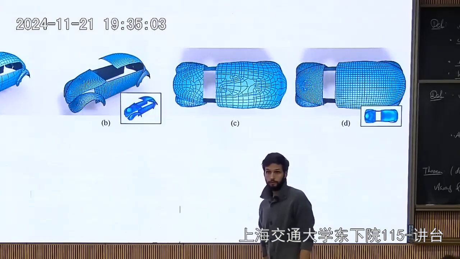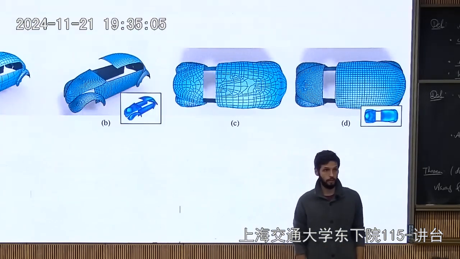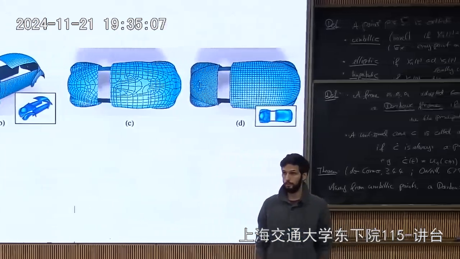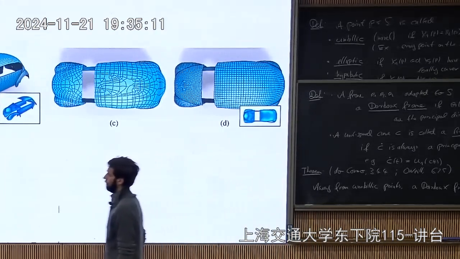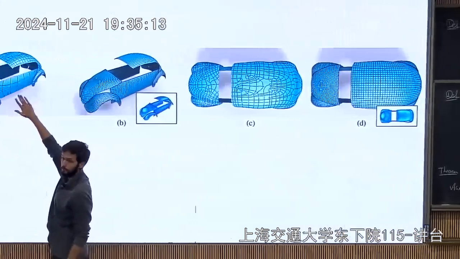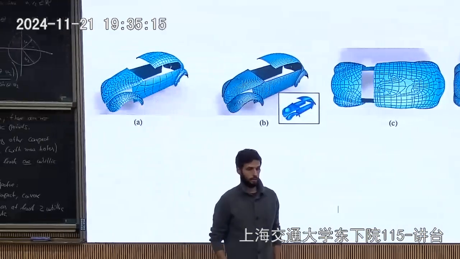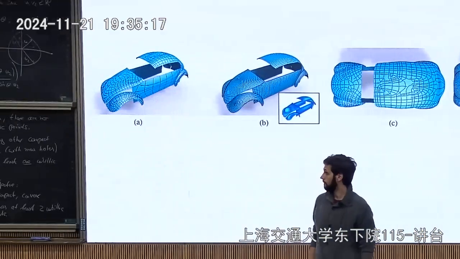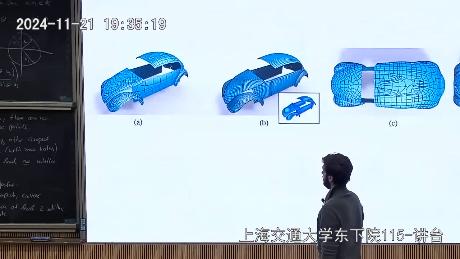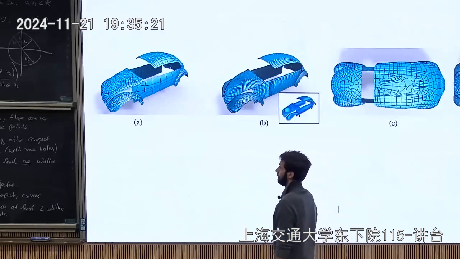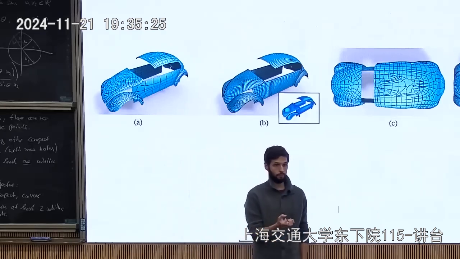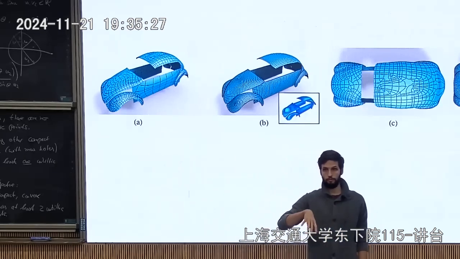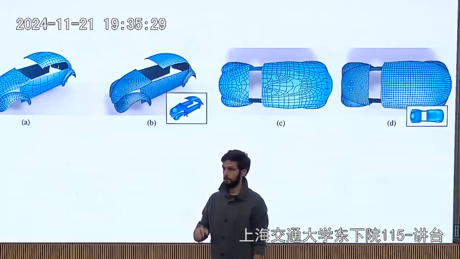Some applications of these lines of curvature are in computer visualization, for example, where you have some model of some object, like here a car, and you would like to put some texture on it or something of that form. So you would like to have some kind of grid on that car, and usually you need more refined information where the curvature is high.